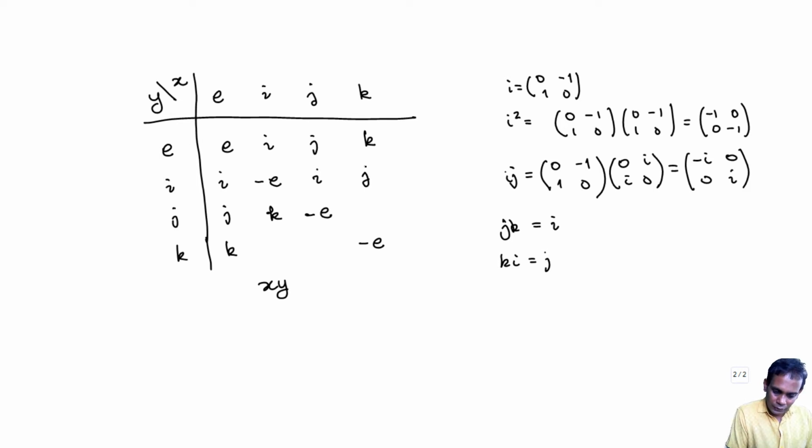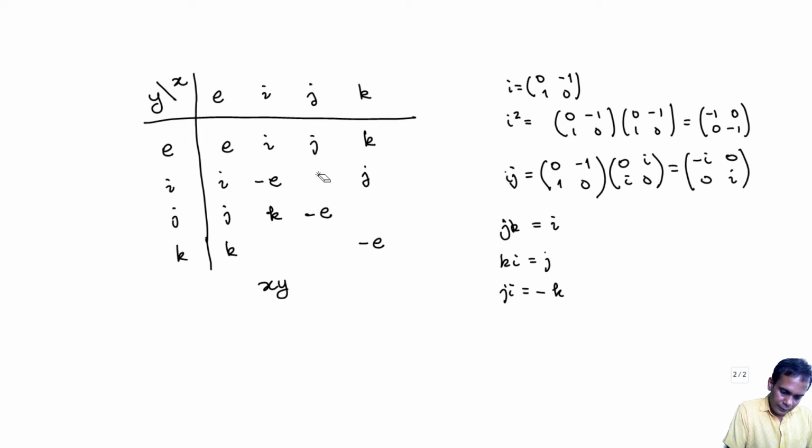And likewise, you can check that J into I is minus K. I'm sorry.